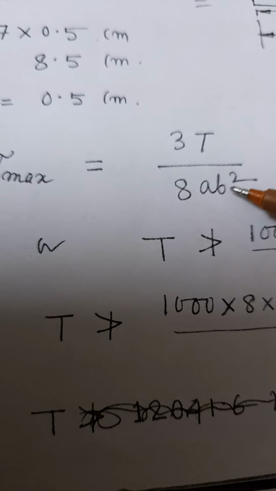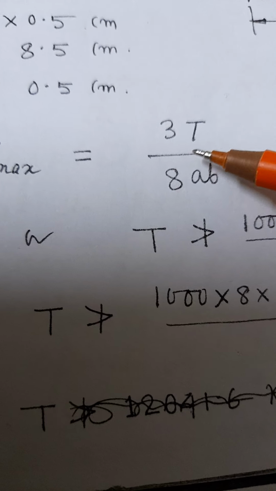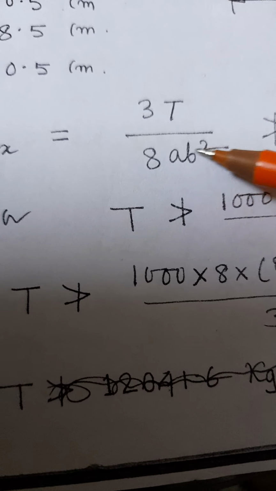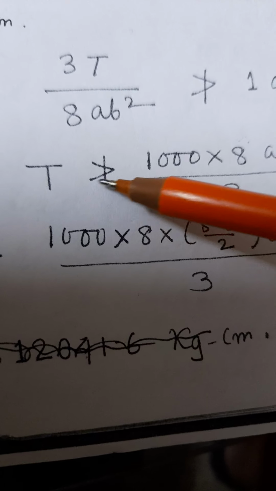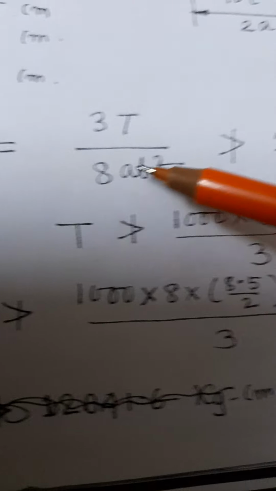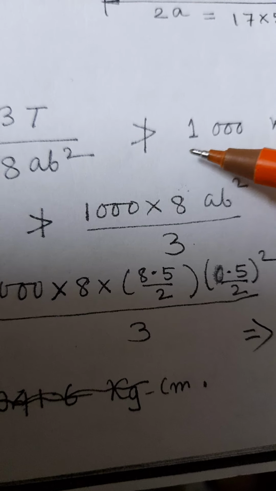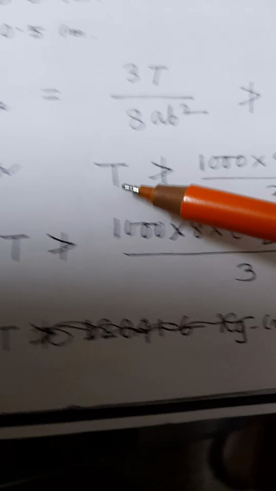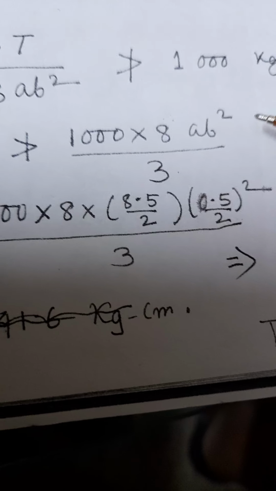Now this is the formula. Tau max is equal to 3T by 8ab square. Now a and b we know, and this tau max is not greater than 1000 kg per centimeter square. So T from here, not greater than.